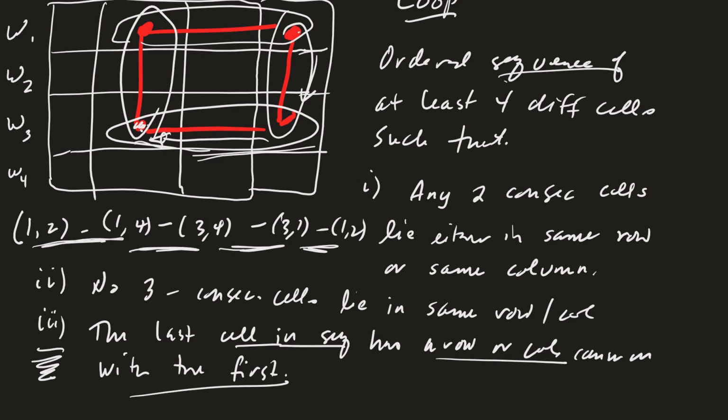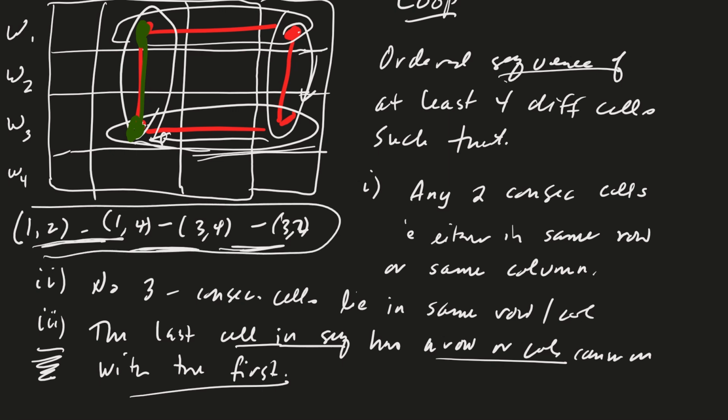So if this is the last cell, it shares the same column as the first. That's a 3, 2, by the way. Good. And so this combination of cells then is called a loop.